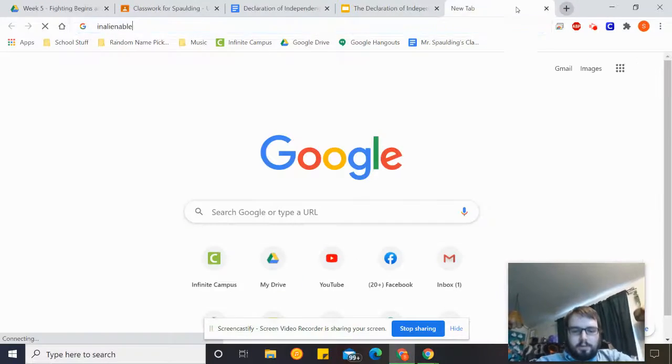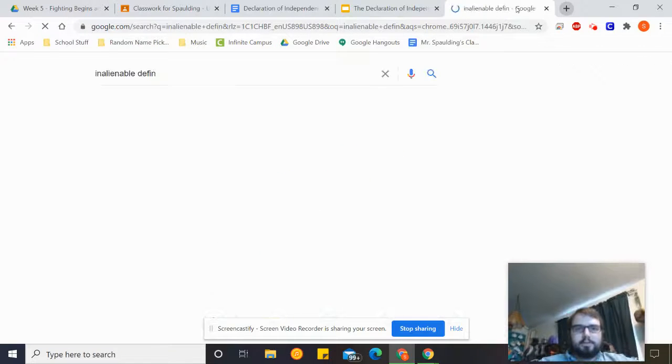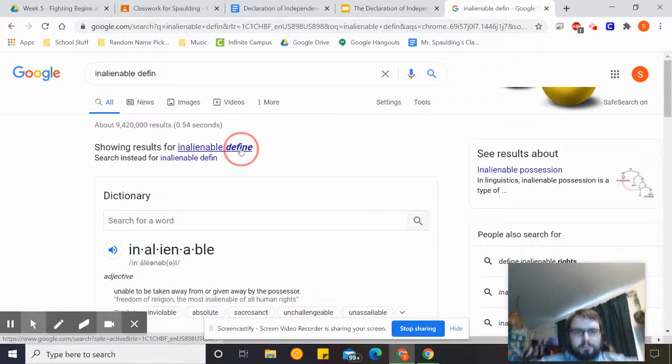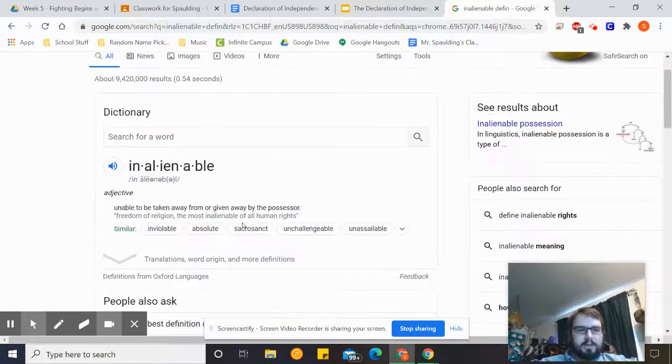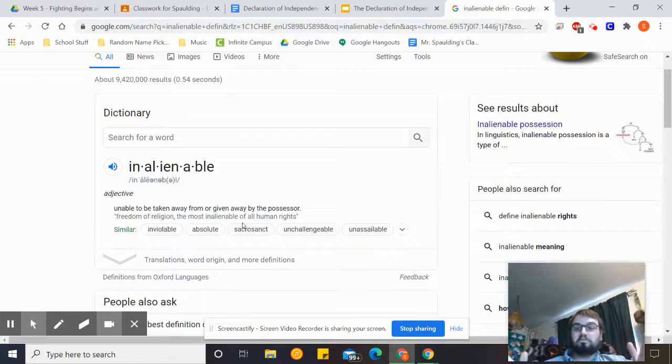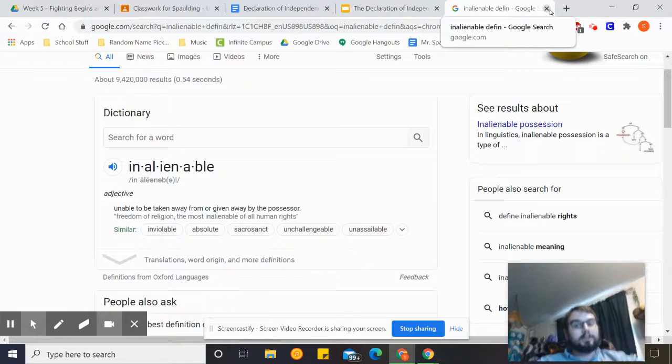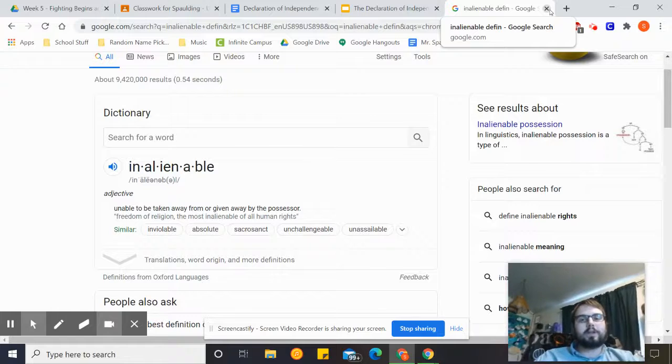We'll go to Google, paste definition. Okay, there we go. Unable to be taken away from or given away. Makes it a lot clearer. Okay, so please make sure you find a good definition, but use Google and find stuff with it. That's an excellent skill to have in today's world.